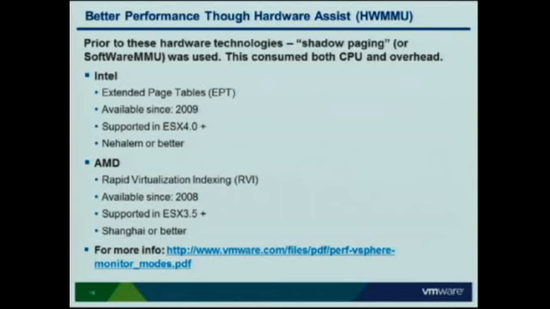And then through cooperation with hardware vendors such as Intel and AMD, we actually got the ability to do this memory mapping and these memory transforms in hardware, where it's much, much faster and consumes less system overhead time. So it leads to better density.